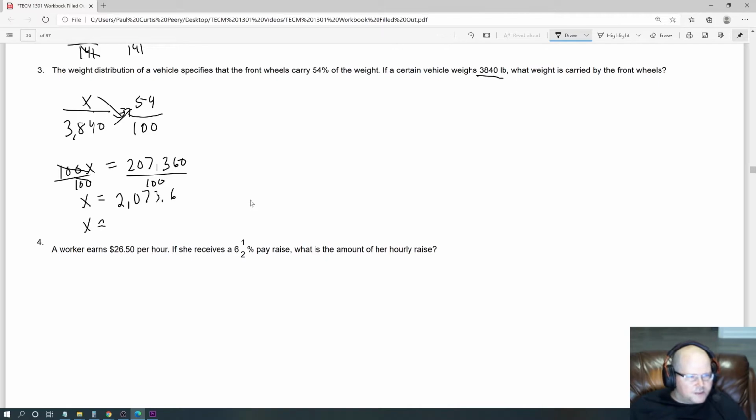We want to round it to the nearest pound. That's a 3, and to the right of it is a 6. We'd round up, so the 3 would turn into a 4. So 2,074 pounds. So it is 2,073.6 pounds, or approximately 2,074 pounds, depending on how or if you want to round it.